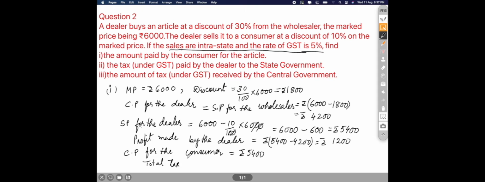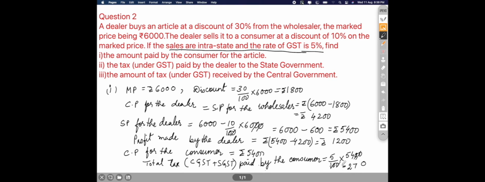that is CGST plus SGST paid by the consumer is 5% of 5,400, and that counts to 270.